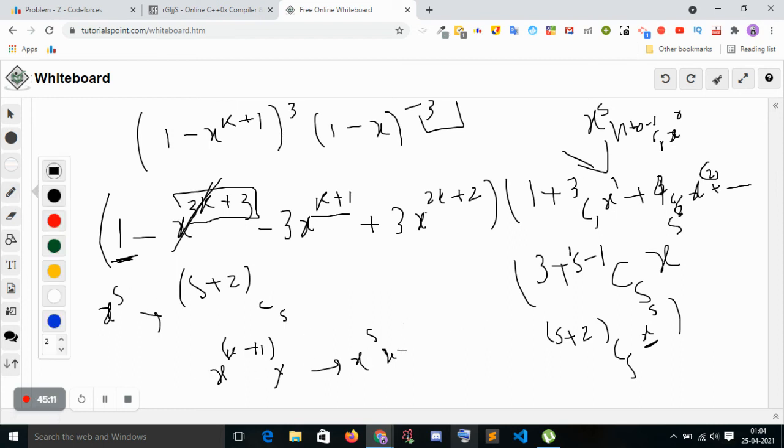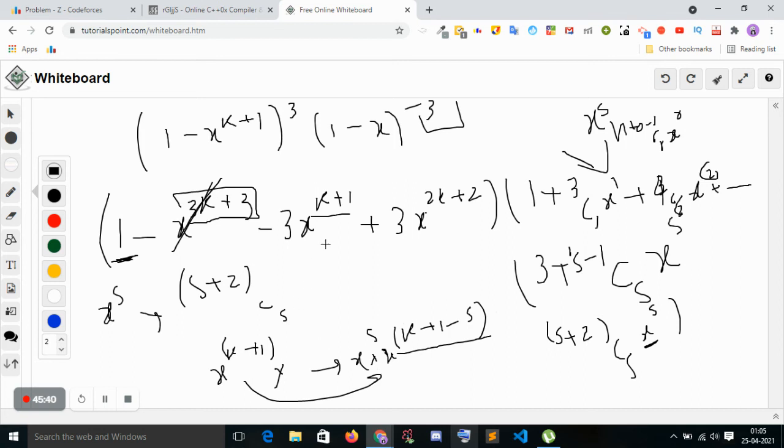If I want to find x to the power s, I have to multiply x to the power s into k plus 1 minus s. When I multiply it, I will get x to the power k plus 1, because the powers will add. So I have to find k plus 1 minus s.